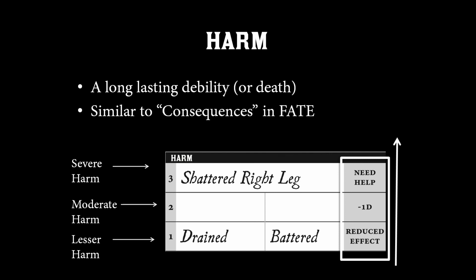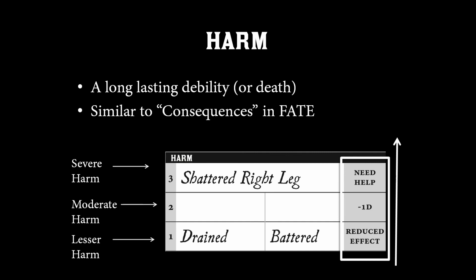So let's say drained, battered are both filled in on the first harm track, lesser harm, and I take one more lesser harm. That means I need to fill in a moderate harm. And you can take 2 of those. If you take those both, you get -1d going forward till your harm's been cleared up.